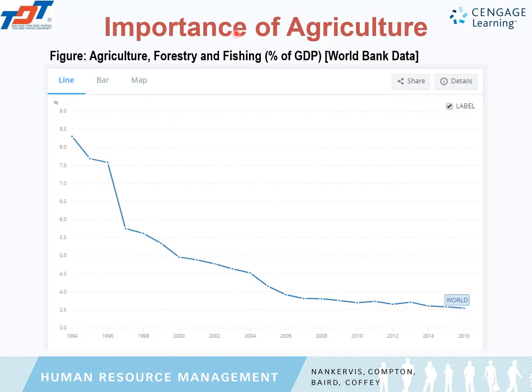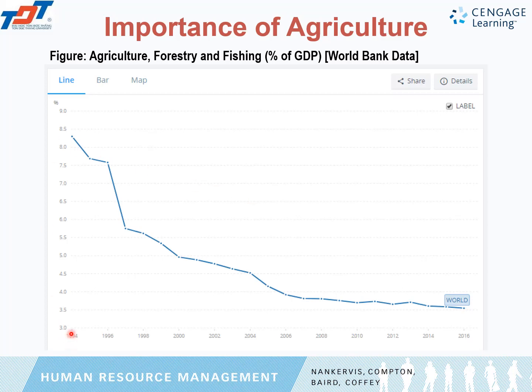Now, in this slide, what I've tried to present to you is the importance of agriculture throughout the last 20 to 25 years. This is on a world basis. It means this is for the entire world.